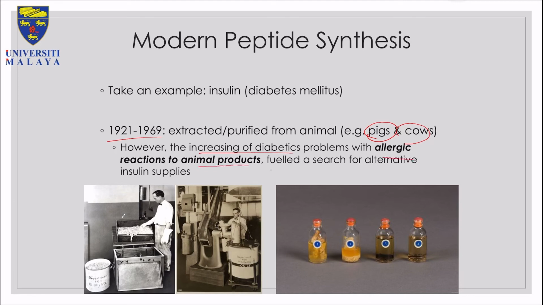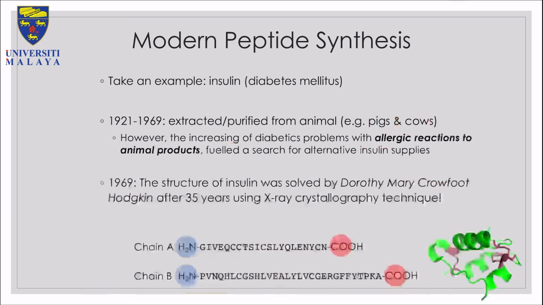So therefore, it fueled research to find an alternative way to produce insulin, and one of the means, because the lecture is about protein and peptide, is protein and peptide synthesis.